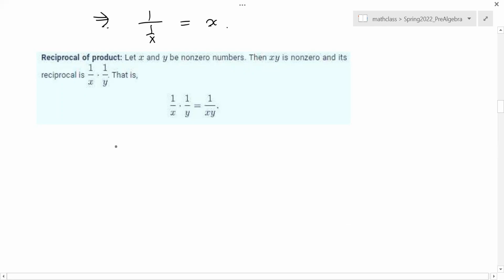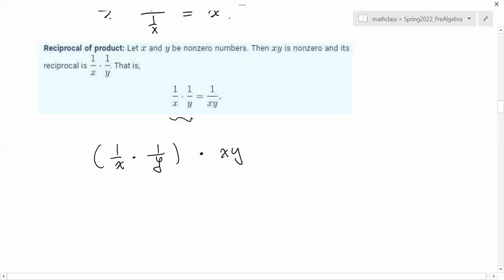In order to prove this, the left-hand side equals the right-hand side. The left-hand side is a product, a number, so you multiply by x times y. I want to prove this is 1. If I can prove this is 1, then this statement is going to be true. So how do you do that?